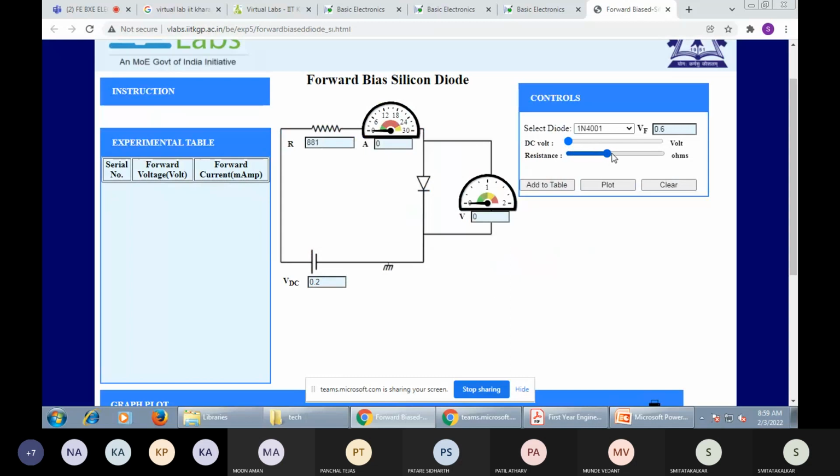I am changing the values of resistance. 1000 ohm. This is 1 into 10 raised to plus 3. This is the kilo ohm.